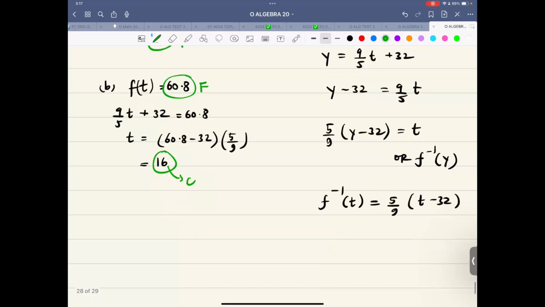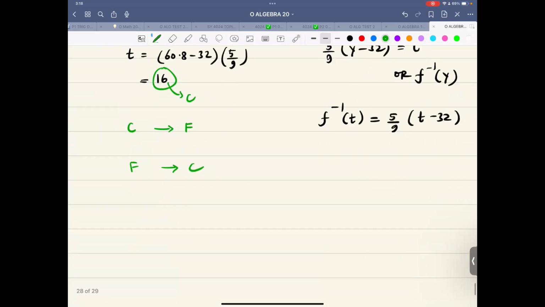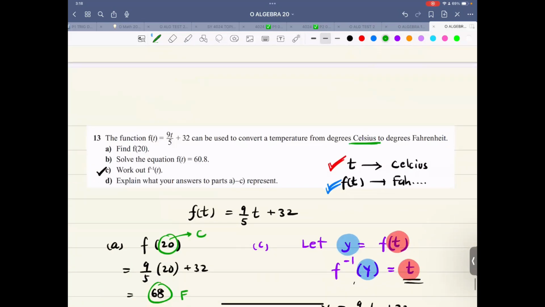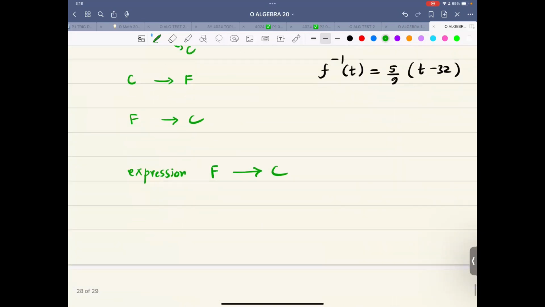So part A is Celsius to Fahrenheit, part B is Fahrenheit to Celsius. Our last part, the inverse expression, will convert Fahrenheit into Celsius. The original expression is Celsius to Fahrenheit; this one is Fahrenheit to Celsius.